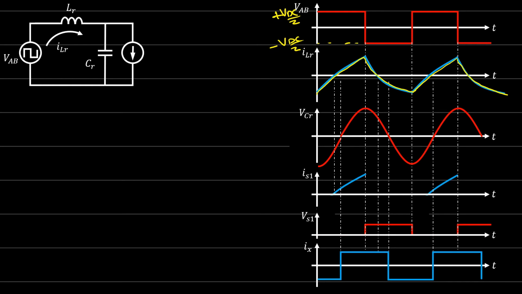The voltage on the output, after the resonant tank, we expect there is some filtering within the resonant tank, so the output should be something similar to a sine wave. So the output looks like this, VCR.